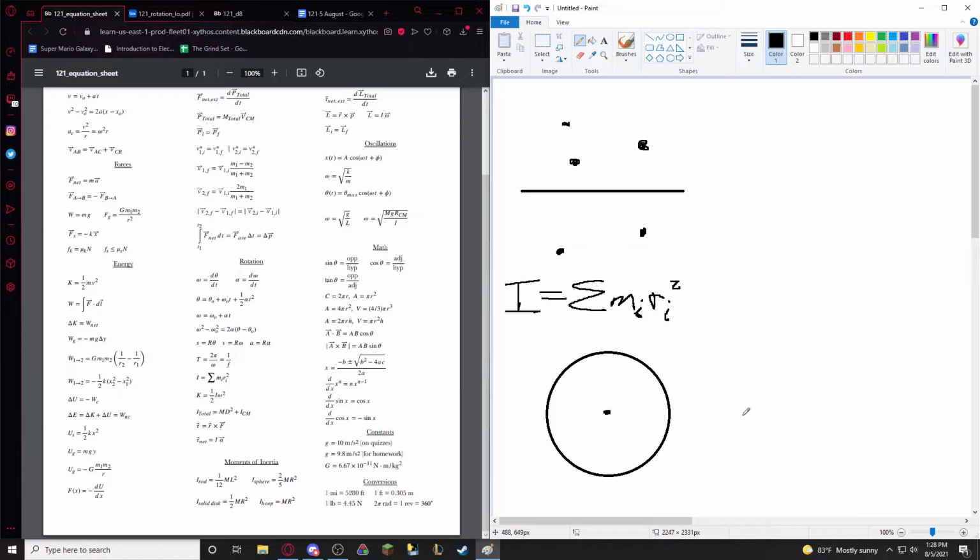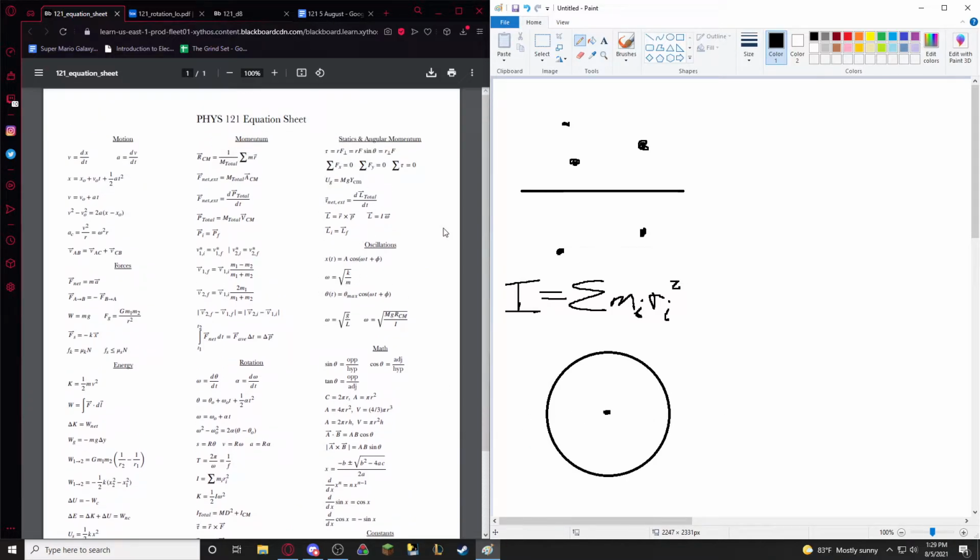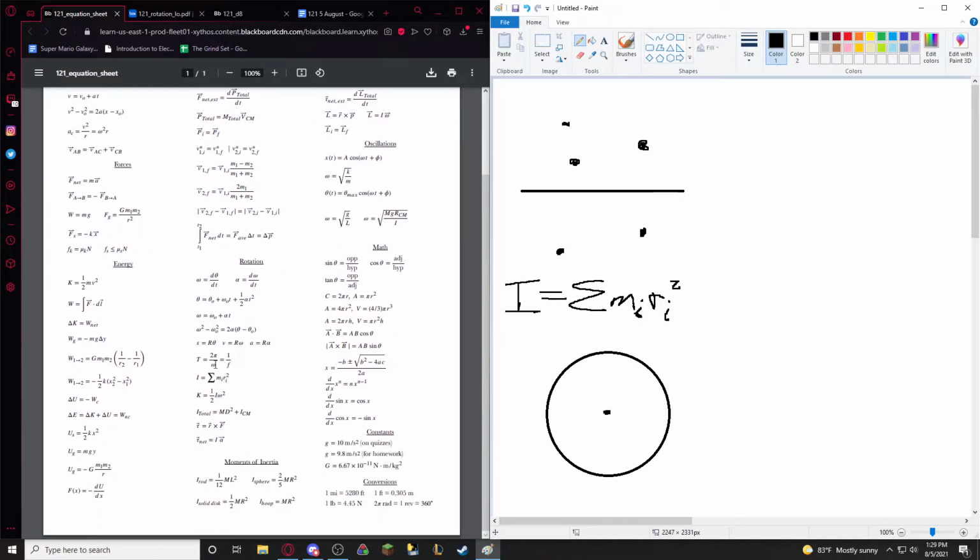So the mass is spread across the whole sphere? So would that be essentially an infinite number of point masses? Yes. But each mass is infinitely small, right? Yeah. So we could integrate over the entire volume of the sphere to find the moment of inertia. We don't worry about that in this class, and we just memorize the final values.